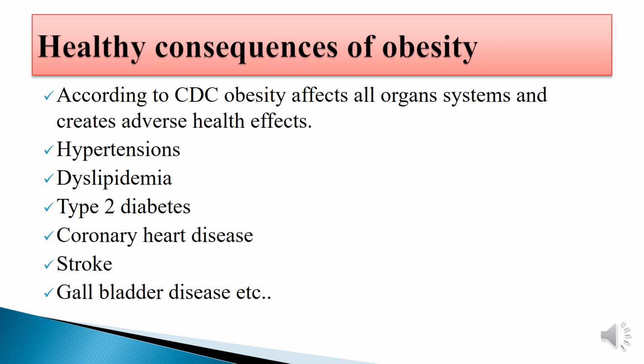Health consequences of obesity: according to the CDC, obesity affects all organ systems and creates adverse health effects. These include hypertension, dyslipidemia, type 2 diabetes, coronary heart disease, stroke, gallbladder disease, etc. So these types of diseases will occur when the person is having health consequences of obesity.